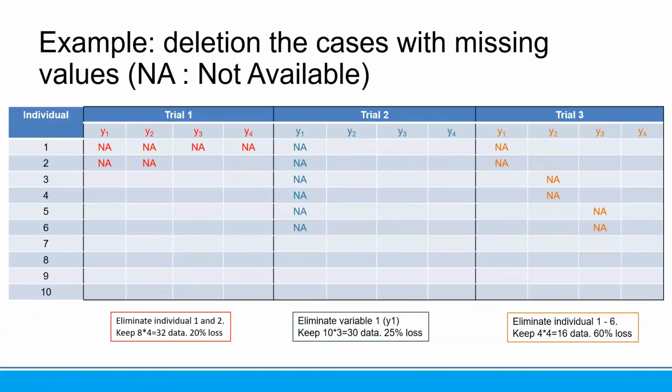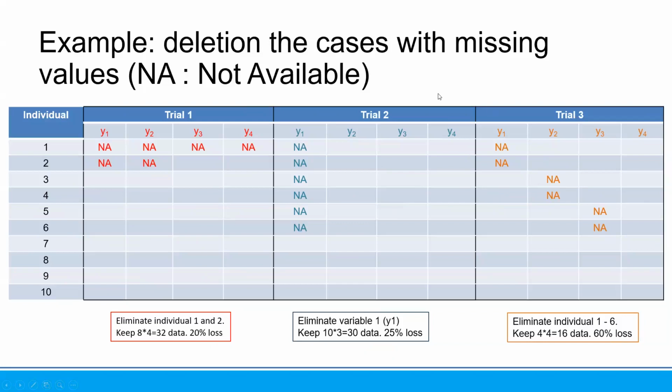If the missing values are in order like this one or like this one, then there will be no issue if you delete. There will be no issue if you remove it. But if the missing values scatter like this, then you will have a big loss when you remove the data.